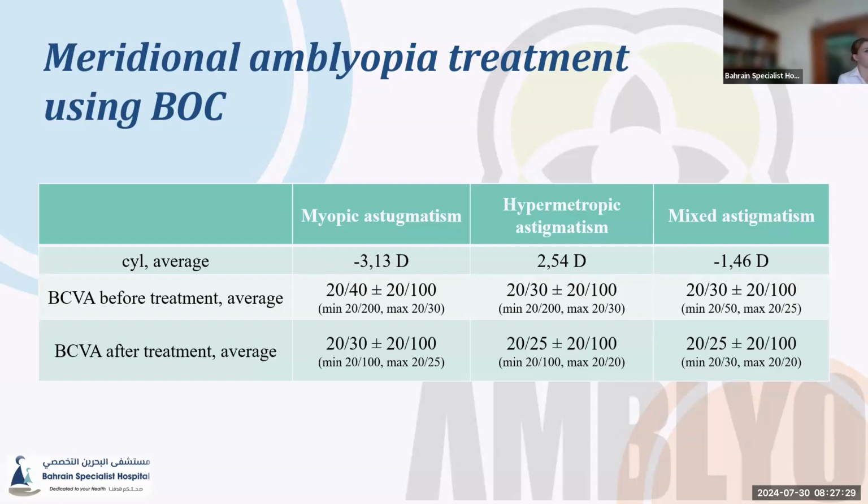Meridional amblyopia, as I said previously, is amblyopia caused by significant astigmatism, and it's not so easy to treat, actually. And as you can see, during the treatment we had good improvement in visual acuity using this binocular optometric complex.